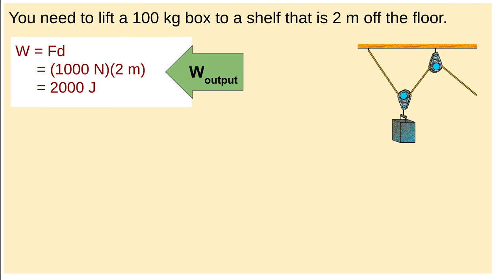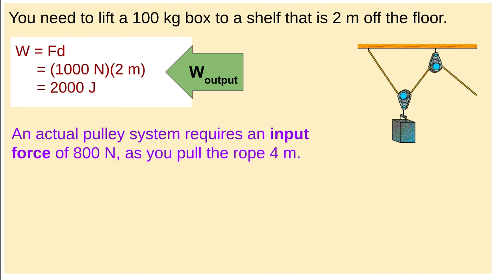So here's a more realistic example. We may lift this object, this 100 kilogram box, 2 meters, and so the output is 2,000 joules, but we may have actually had to exert 800 newtons of force instead of just 500.